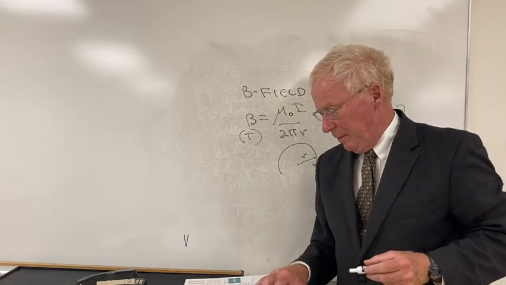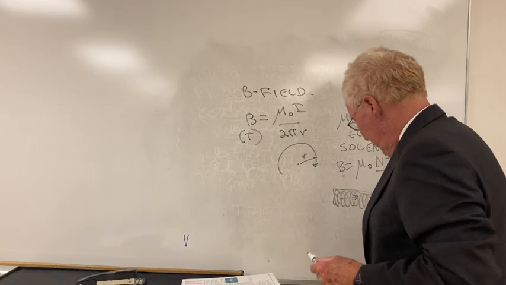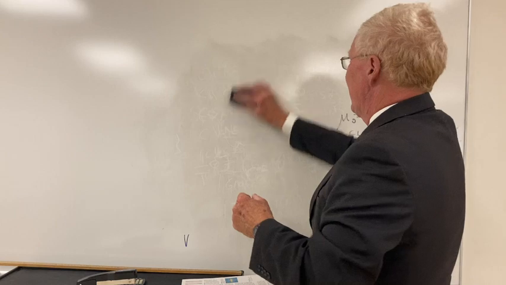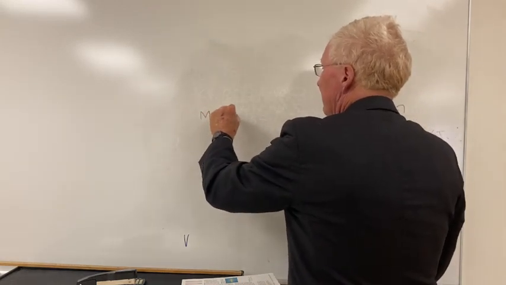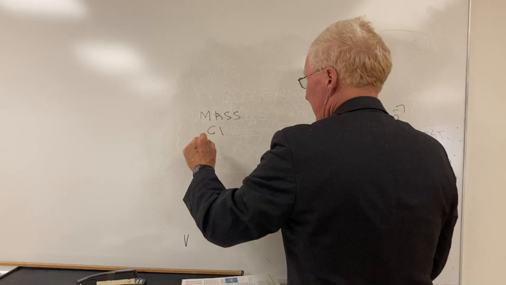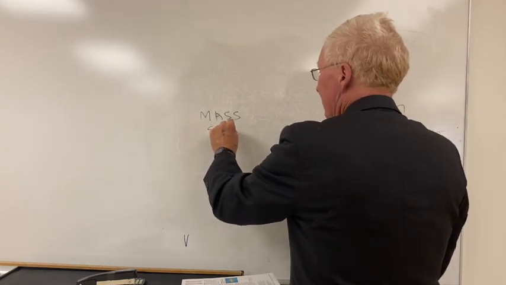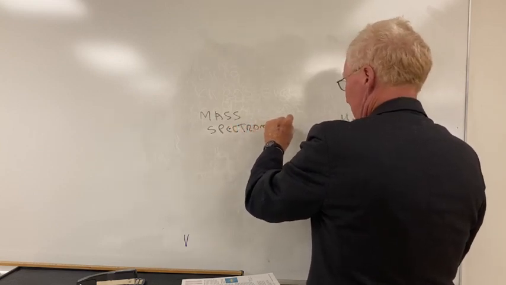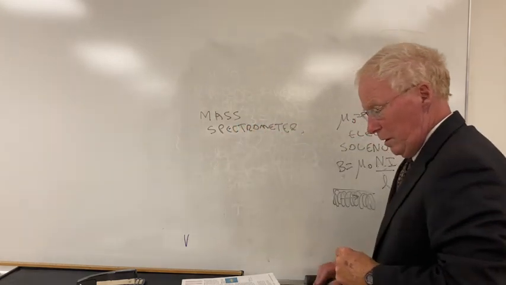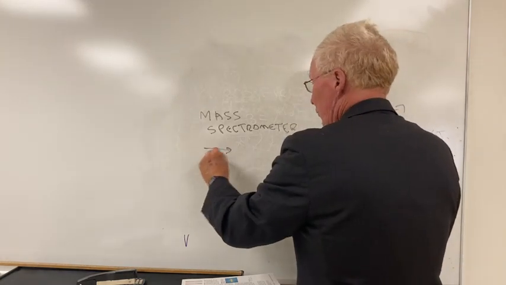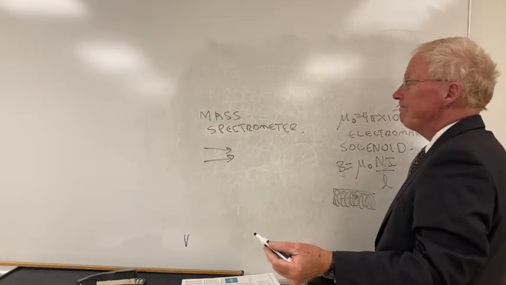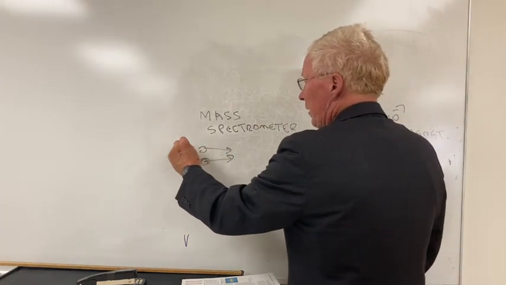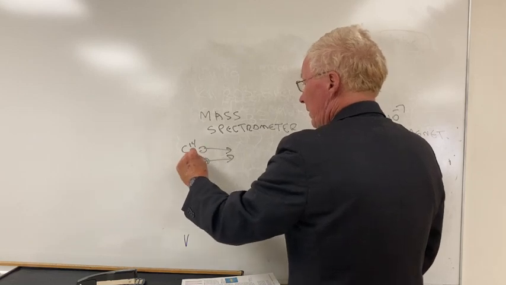Then we've got a little bit of mass spectrometry. Mass spectrometer, last part. So if we have two ions, the best example is say carbon 14 and carbon 12.